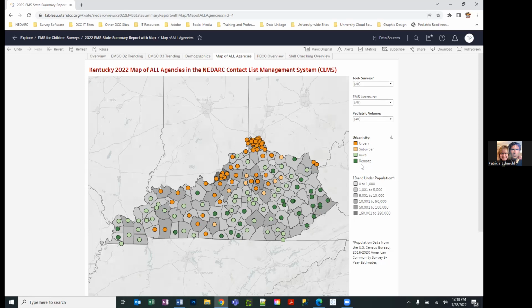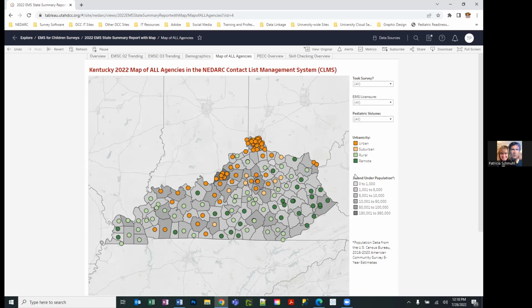And I highly encourage you to reach out to your TA rep to learn more about that, because this is correct according to the Urban Influence Codes methodology. So it looks at surrounding counties and metropolitan areas to decide if that agency is urban or not. So we're keeping in line with NEMSIS, and it's one of many methodologies.